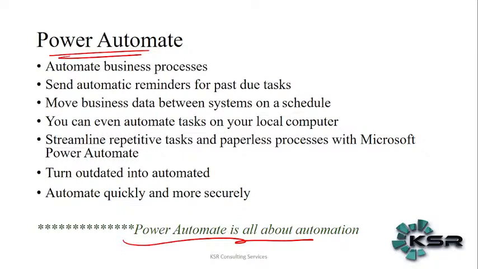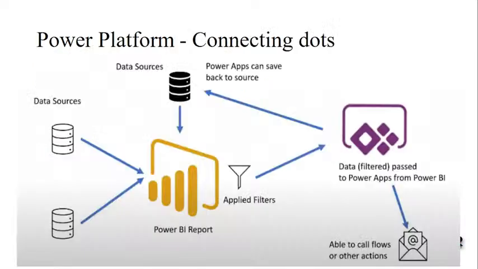So where we started with data, we started with a Power BI report, then we created Power BI apps, and then we are trying to automate the process. Now we will try to connect the dots.